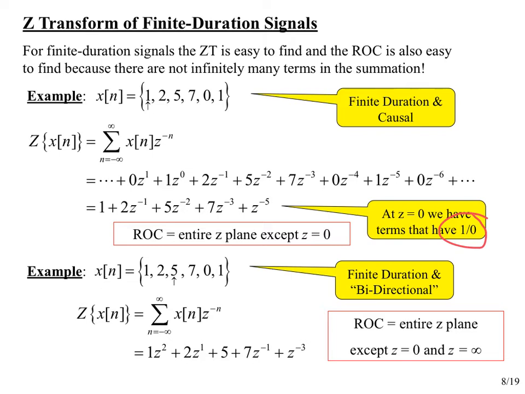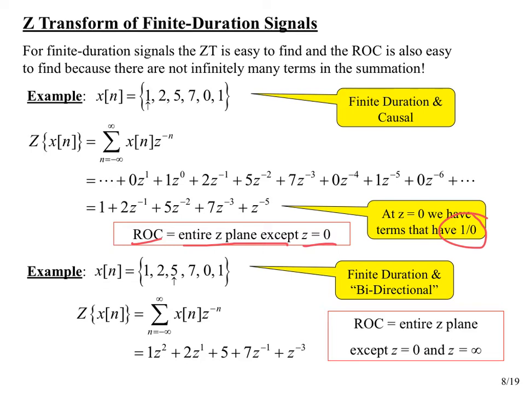So any other value of z is fine. We just can't put in z equal to 0. So at z equal to 0, it's as if the summation explodes, and so our region of convergence will be the entire z-plane except z equal to 0.